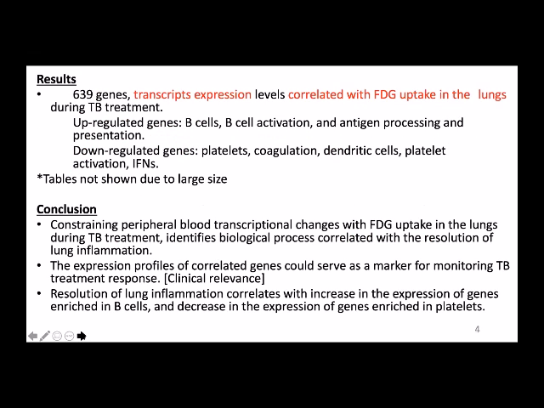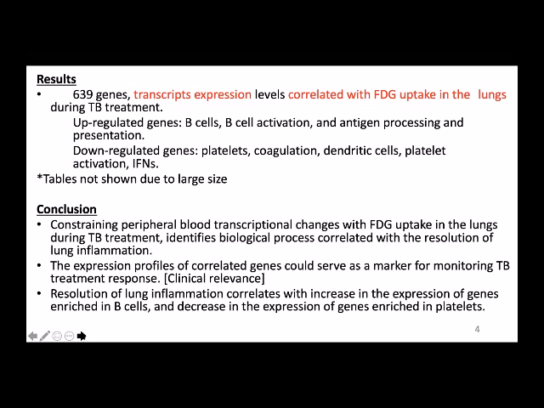We identified 639 genes whose transcript expression levels were strongly correlated with FDG uptake in the lungs during TB treatment. Among those genes were upregulated genes. When I say upregulated, I mean genes whose expression level increased over time during treatment, and downregulated genes are those whose transcript level decreased during treatment.